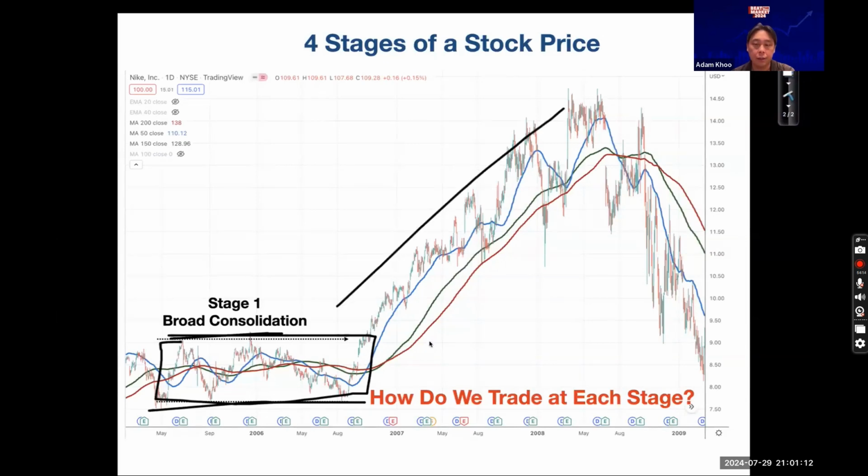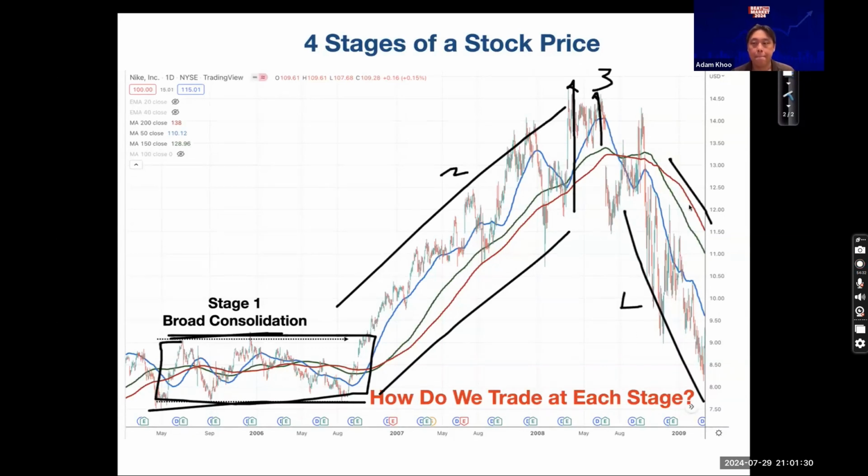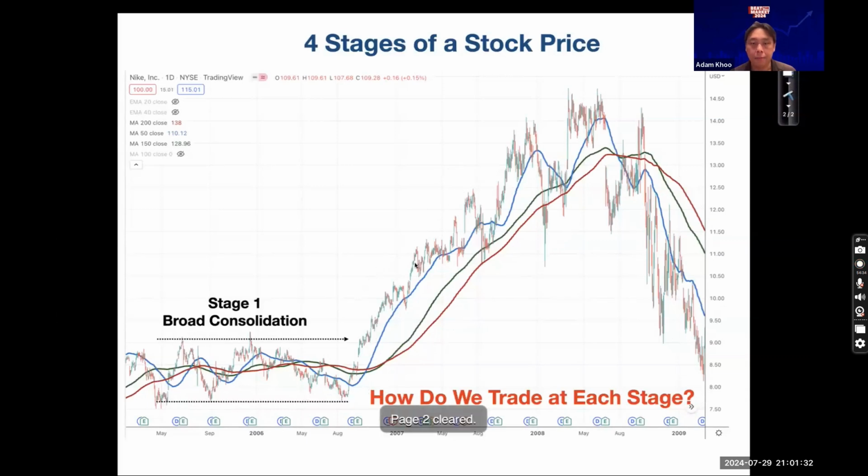Then here, stage 2, very good. 50 above 150, 150 above 200, all sloping up. And here, can you see going up 90 degrees here? Here's stage 3. And here, stage 4. Fantastic.